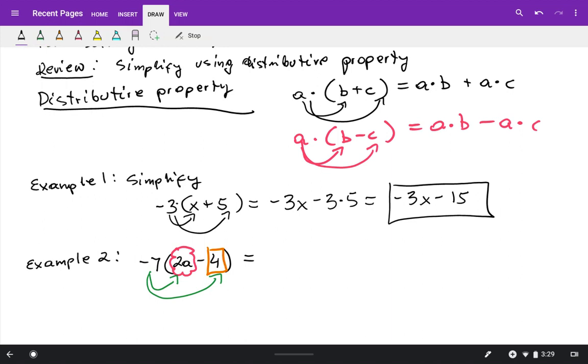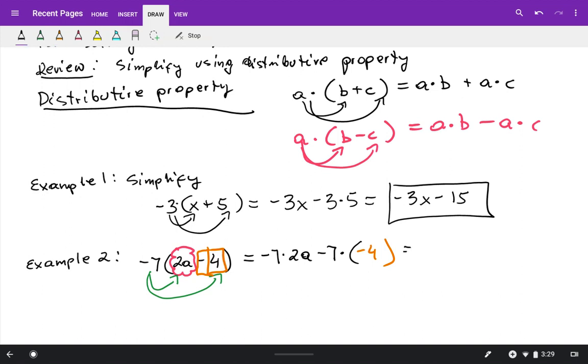So when we simplify, we have negative 7 times 2a, minus, which is the same as plus negative 7, times, and don't forget, here I should put in that square negative 4. So you multiply negative 7 by negative 4.